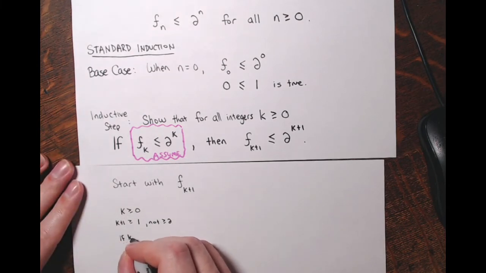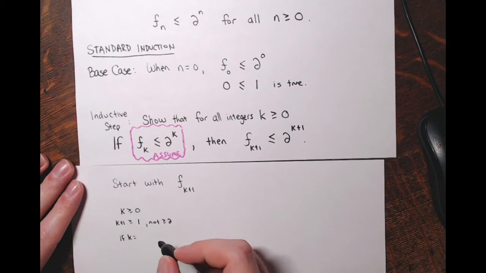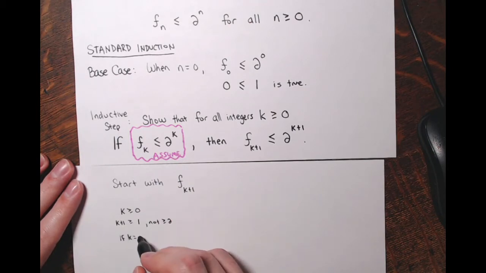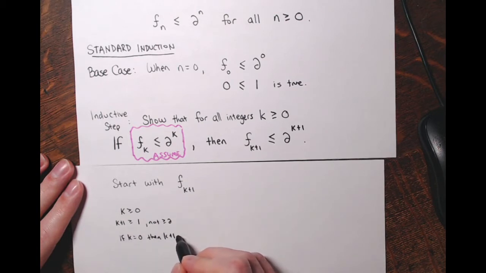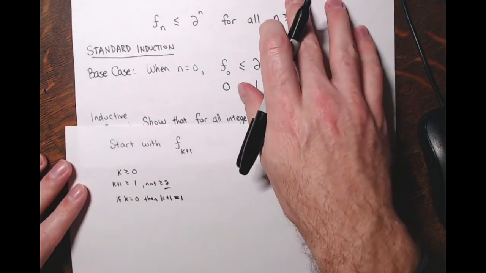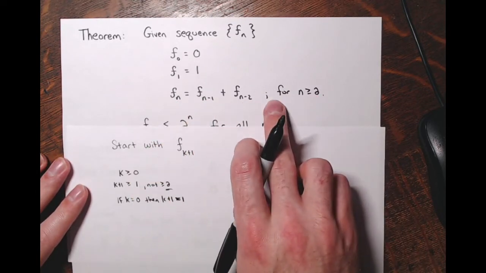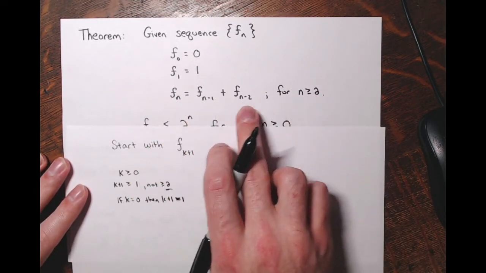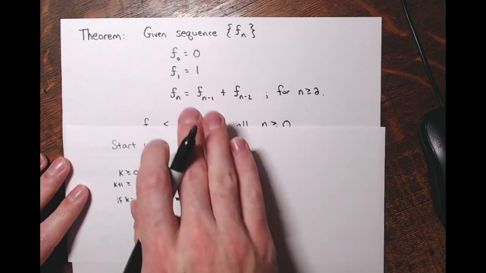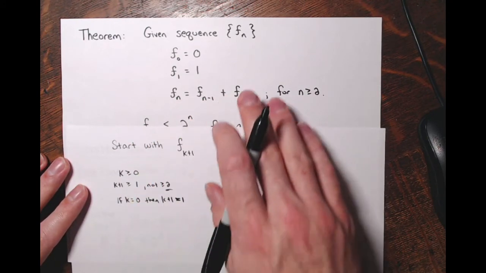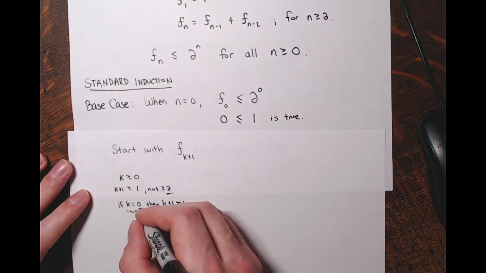If k equals 0, then k plus 1 would be equal to 1, which is not greater than or equal to 2. So this particular usage of the sequence rule wouldn't apply. But we already showed that when k equals 0, it's true.